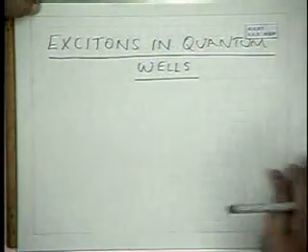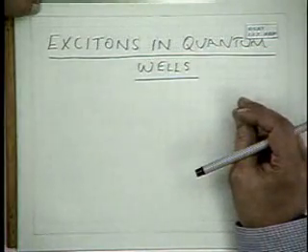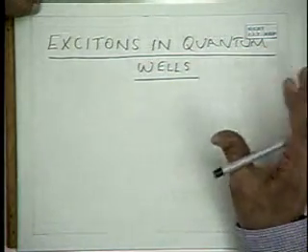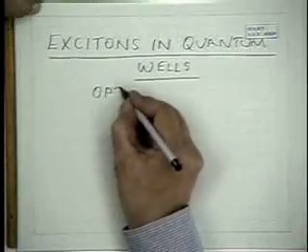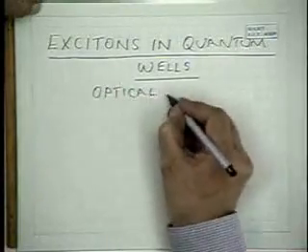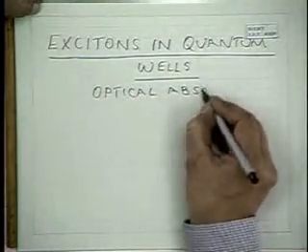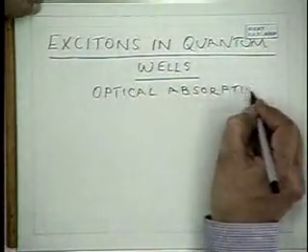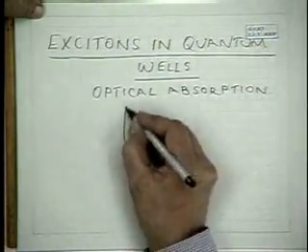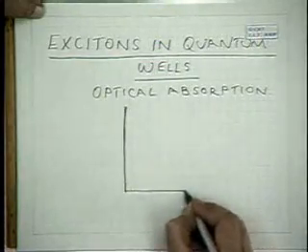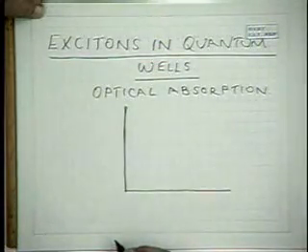Excitons were first discovered in materials like copper oxide, and they were observed at low temperature. However, when optical absorption was studied in gallium arsenide, gallium aluminum arsenide quantum wells, it was found that even at room temperature one could see features.